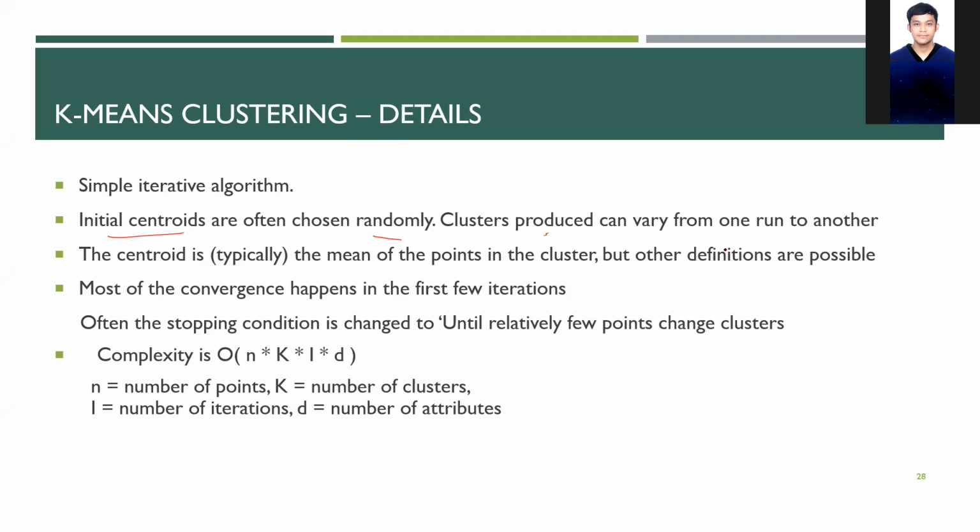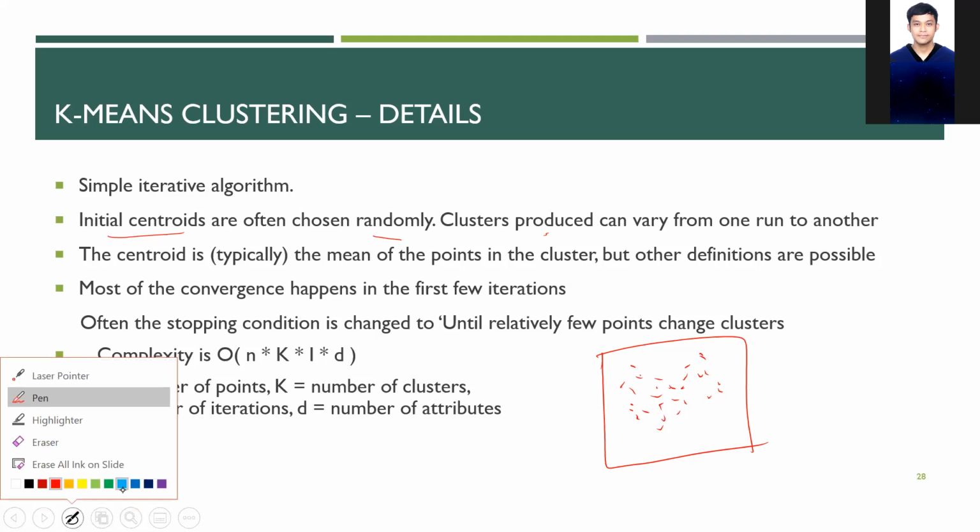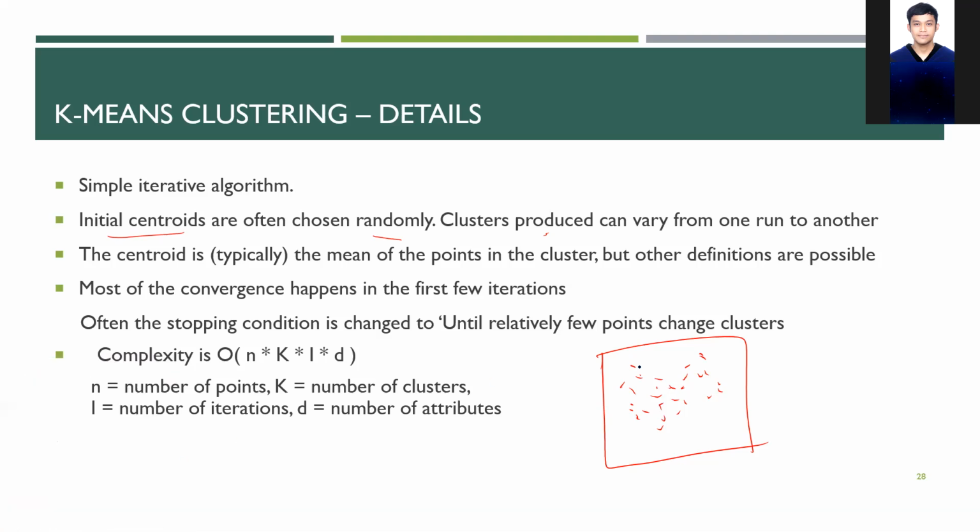For example, we do the first run, and this is the data point. For example, for the first run, after several iterations it has converged, but the result is like this: first cluster, second cluster, the third cluster.